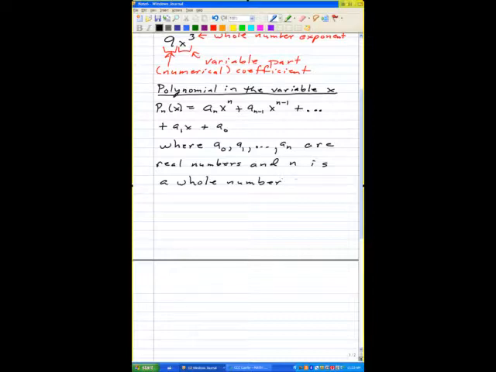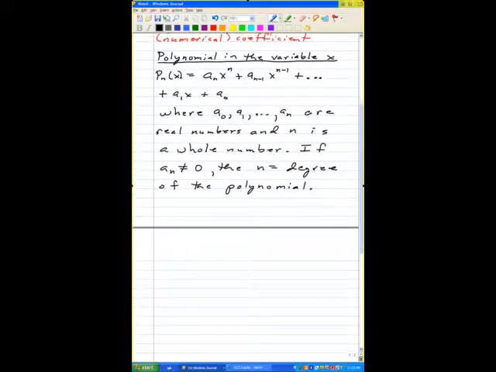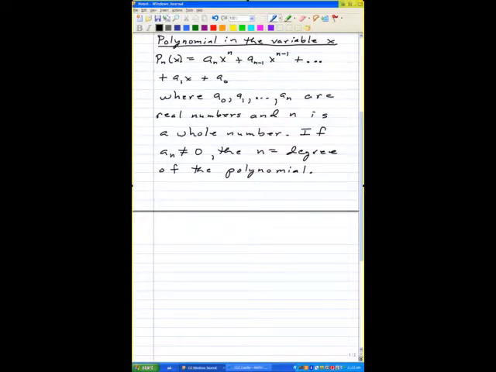If the leading order coefficient is not 0, then n is called the degree of the polynomial. So let's do an example.